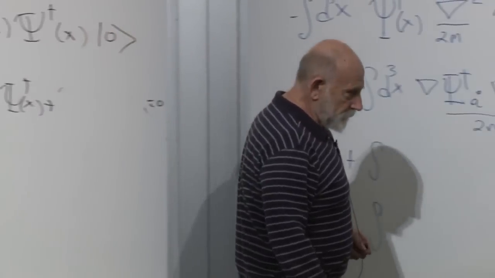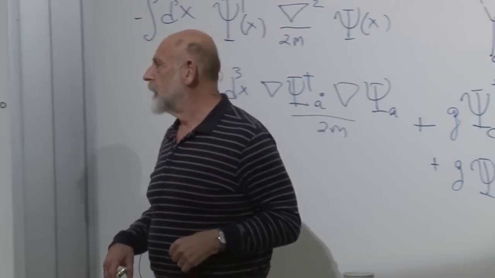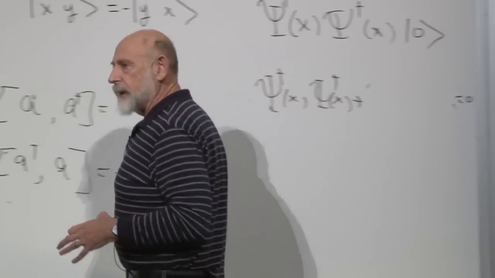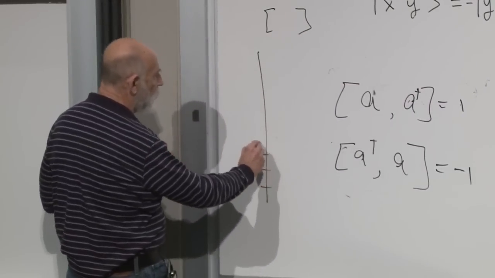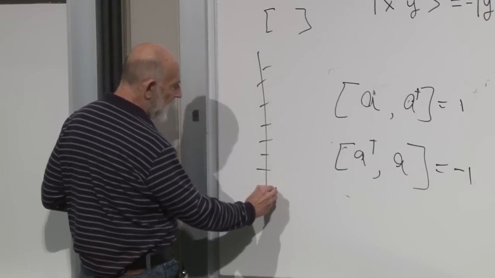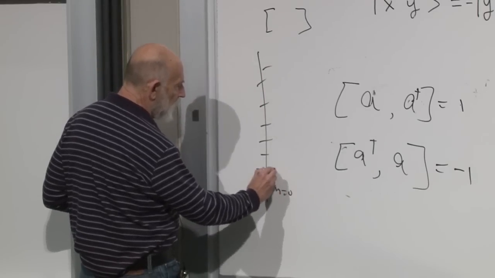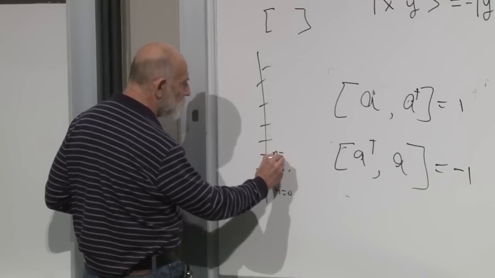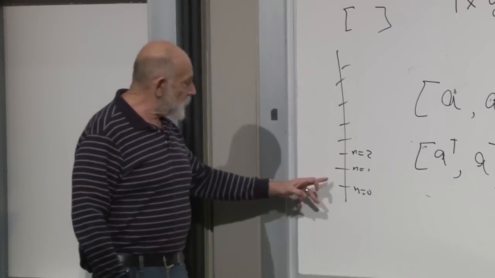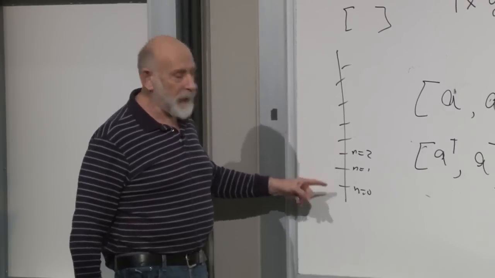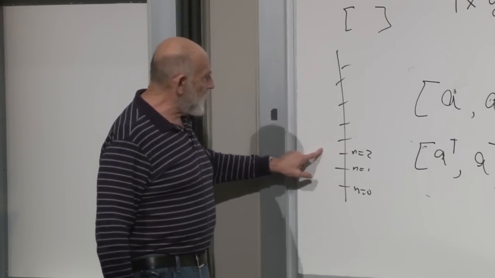In fact, creation operators and annihilation operators are fundamentally different. Here's the stack of all possible states: n equals 0, n equals 1, n equals 2. Creation operators, just mathematically, do not annihilate any state. They just take you up the ladder.